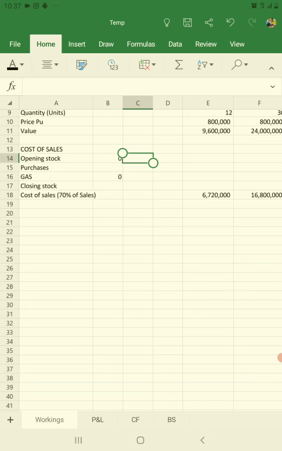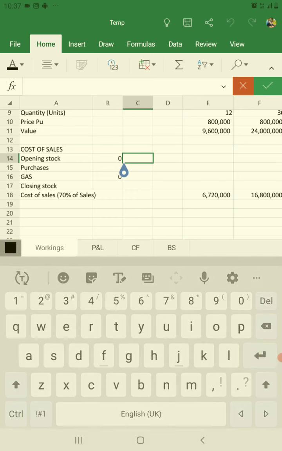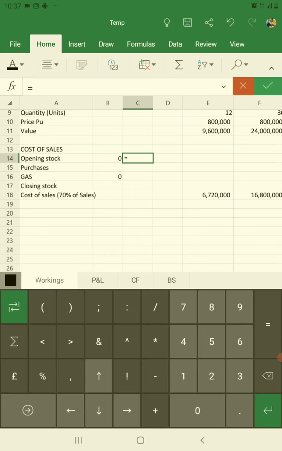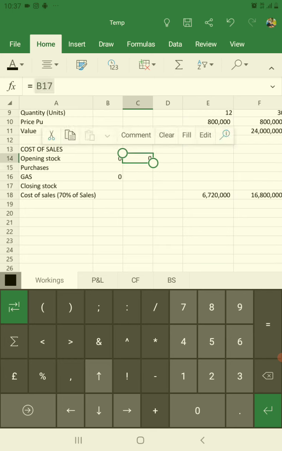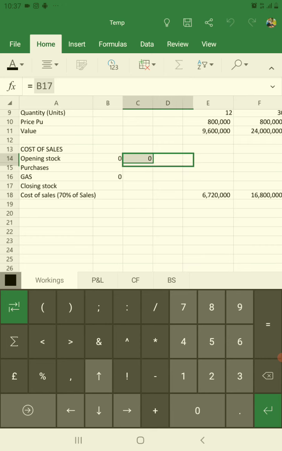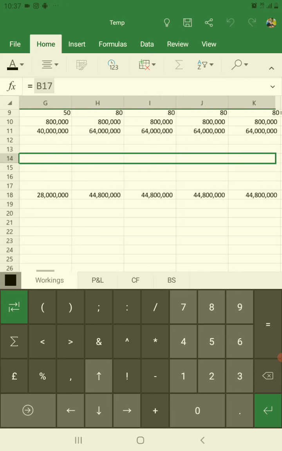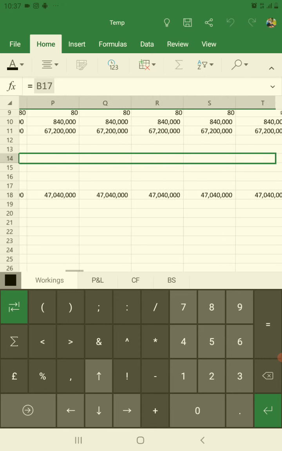So I put a formula here on the opening stock, using an equal sign and then picking the closing stock in the previous month as opening stock, and I can fill this to be true for the rest of the projection period. So let me fill this first.